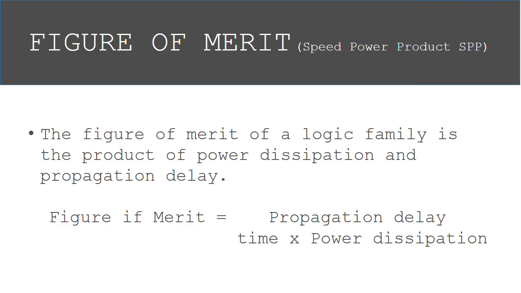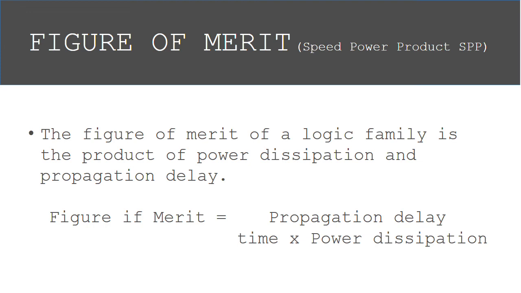Figure of merit, or speed-power product, SPP. The figure of merit of a logic family is the product of power dissipation and propagation delay. It is called the speed-power product. The speed is specified in seconds and the power is specified in watts. Practically, the value of the figure of merit should be as low as possible.